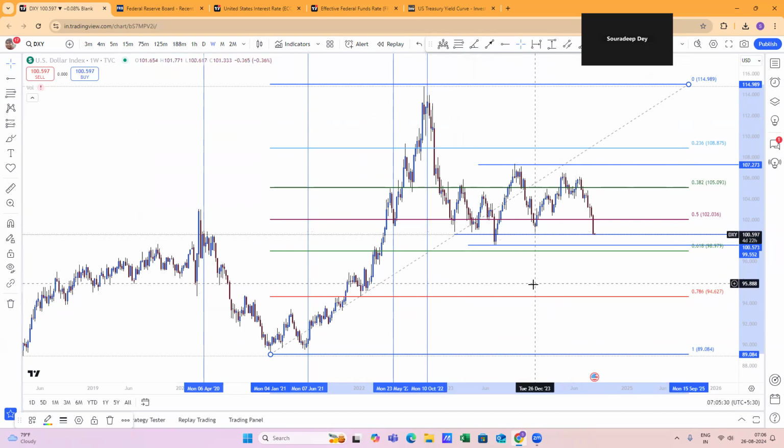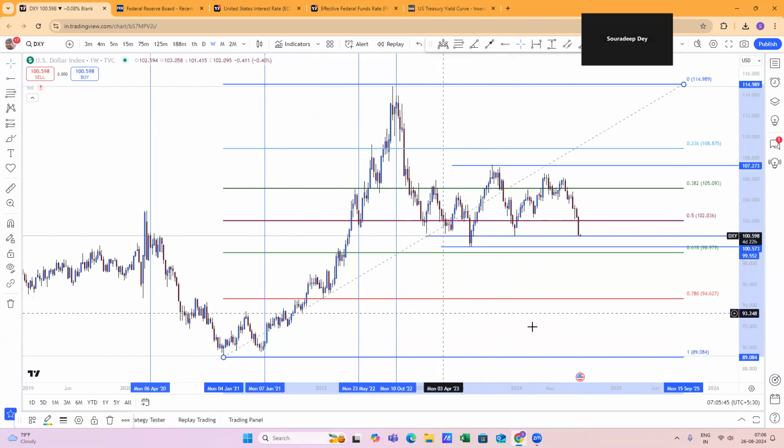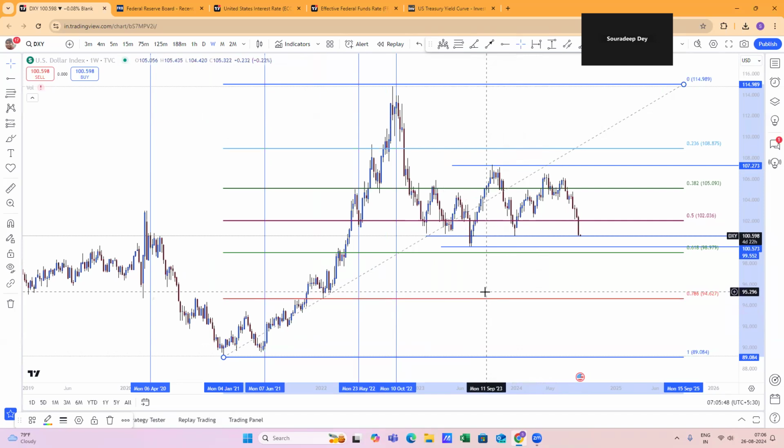Now, because the dollar is the reserve currency in the world, when the dollar comes down, you will see that globally all risk assets, especially emerging market equities, the Dow, and the commodities, especially gold and silver, may get a boost, because everything is measured in dollars. The crude oil, the other commodities, the metals.